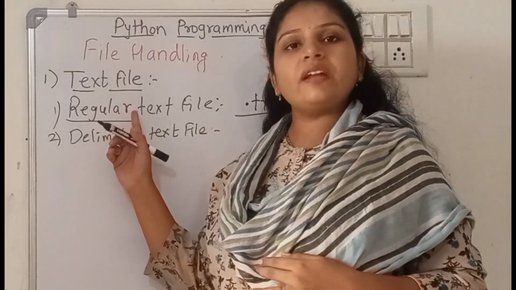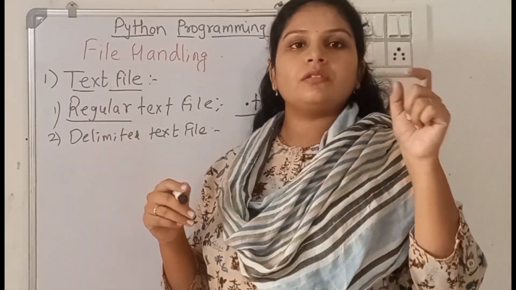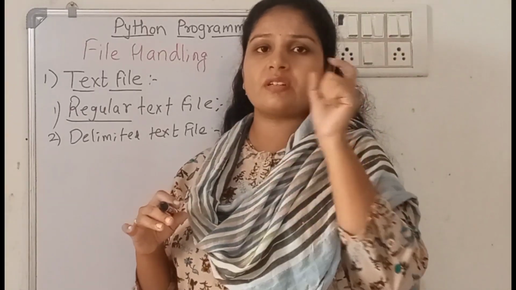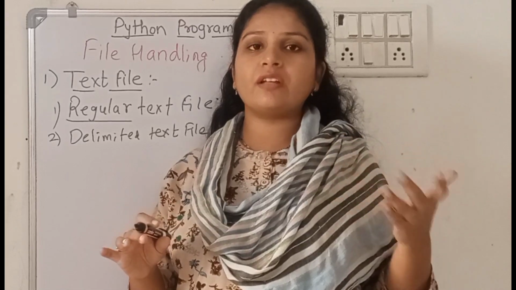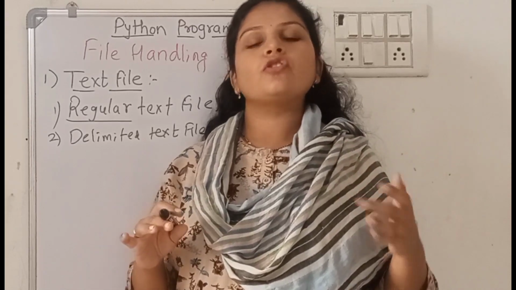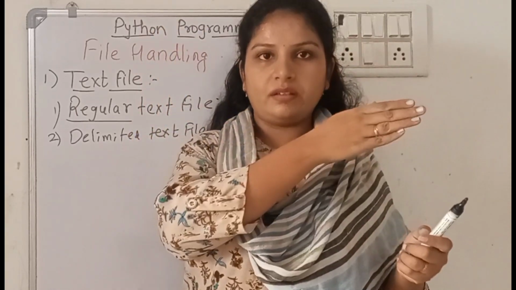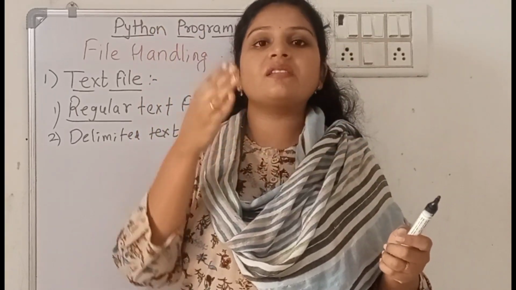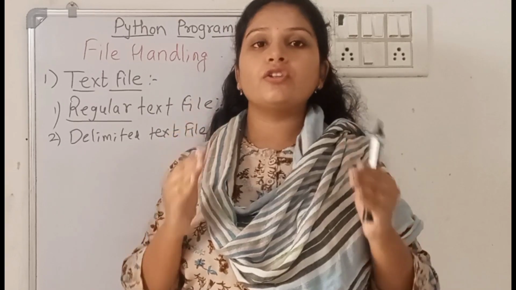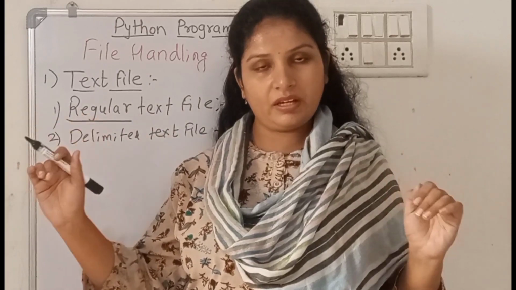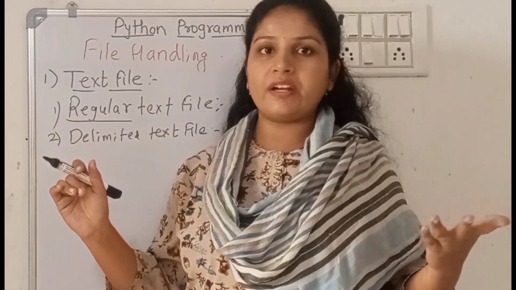When you consider the regular text file, the default character between two words in one line is the space, blank space, or we can call it white space. So you can know which words are there, right, by recognizing the space between two words. So in the regular text file we are separating the words in the line using white space by default.